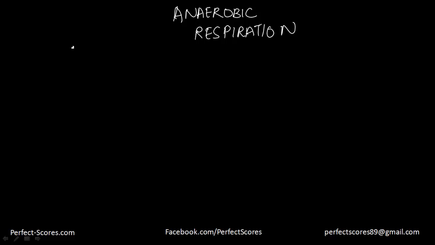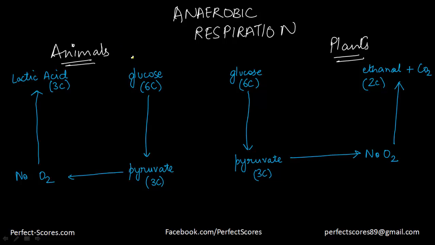Anaerobic respiration between animals and what happens in plants. So this is what happens in case of animals. The glucose through the process of glycolysis is converted into a pyruvate, and in this process two ADP molecules are used up to form two ATP molecules.